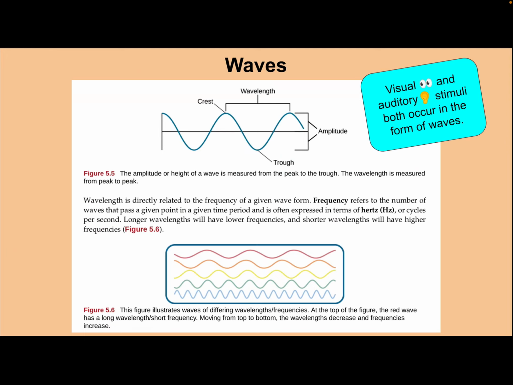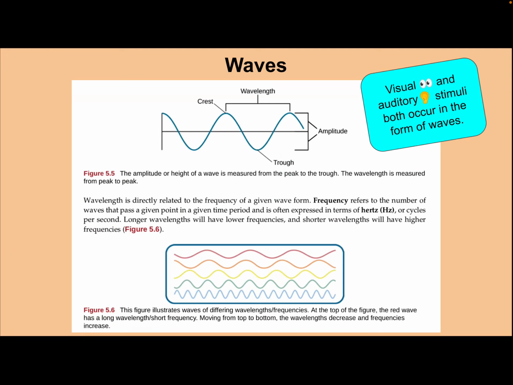Basically, the wavelength is the space between waves, and the amplitude is how tall or how big the waves are. When we're seeing things, the wavelength determines color, and the wave amplitude determines brightness. When we're hearing things, the wavelength determines pitch, and the amplitude determines how loud the sound is. But we'll get to those details a little bit later.